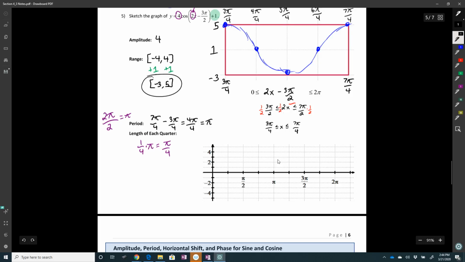So my box is from -3 to 5. And then from 3 pi over 4. So here's pi over 2. So 3 pi over 4 is right here. It's going to go to 5, all the way to -3. And then it's going to go all the way to 7 pi over 4.